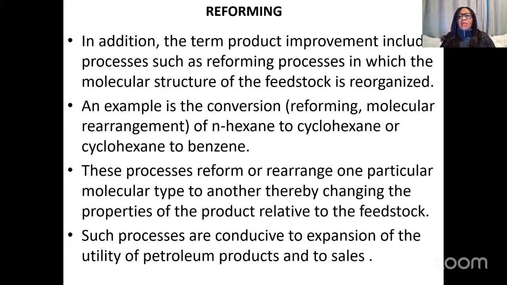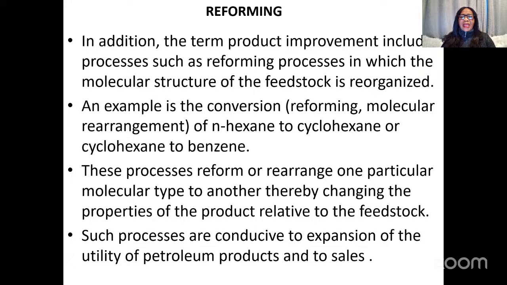In addition, the term product improvement includes processes such as reforming processes, in which the molecular structure of the feedstock is reorganized. The feedstock is not useful for immediate use, and so you reorganize the structure to be suitable for the final product that is required. Reforming is a conversion process where the molecule is rearranged.